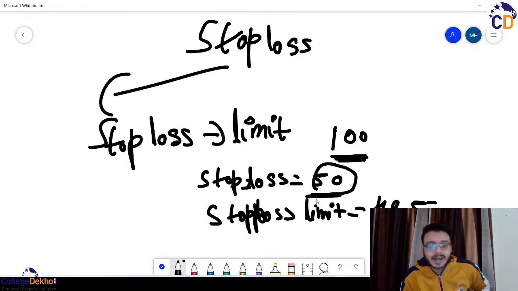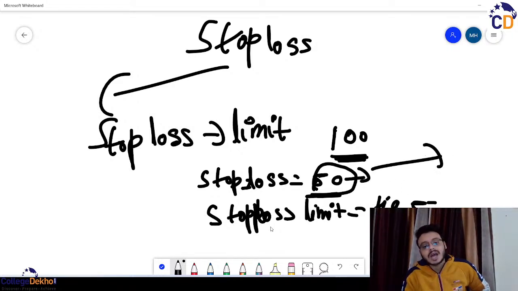When we were putting it as the stop loss of 50, the share would be sold automatically when it reaches 50. But now we have the stop loss limit. So what happens in stop loss limit, since you have put in 49.5. Okay, so the share would be sold off at rupees 50.